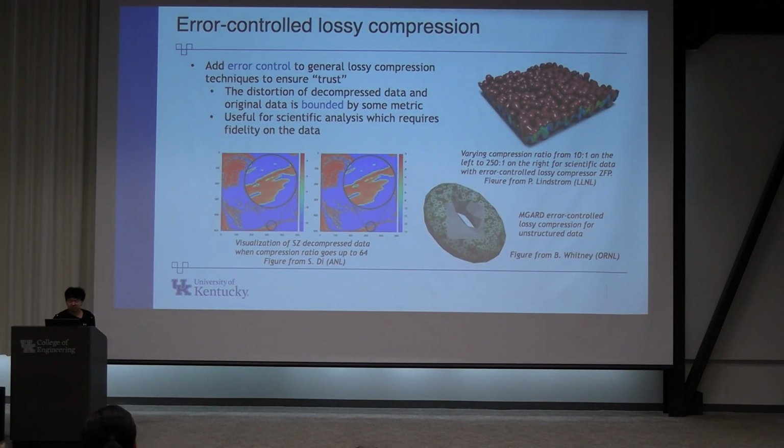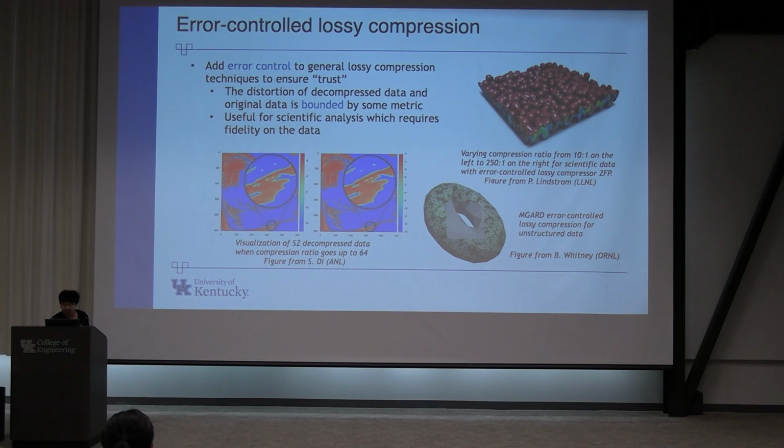You said that the compression ratio varies from 1 on the left to 250 to 1 on the right. Which left, which right? I think this one is 10 to 1, because if you have a lower compression ratio, the data is more smooth, so you see the details. For this one, it's around 250.